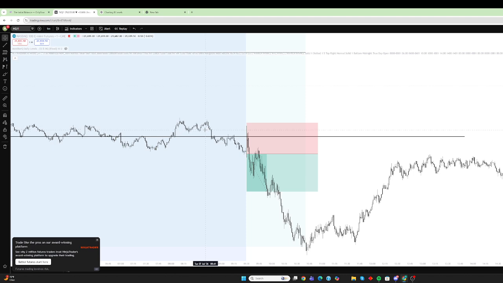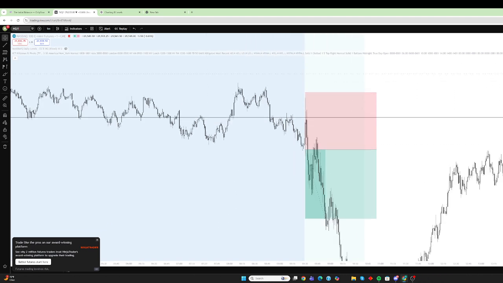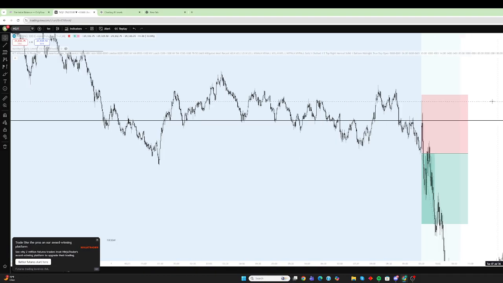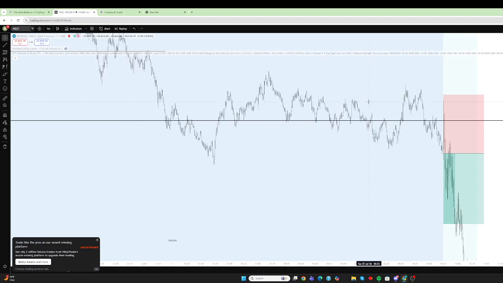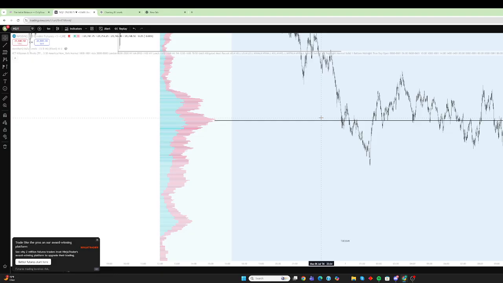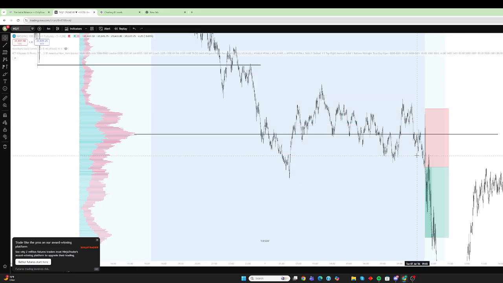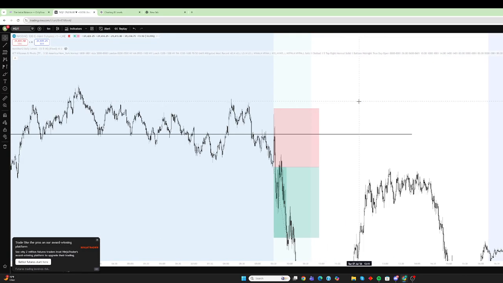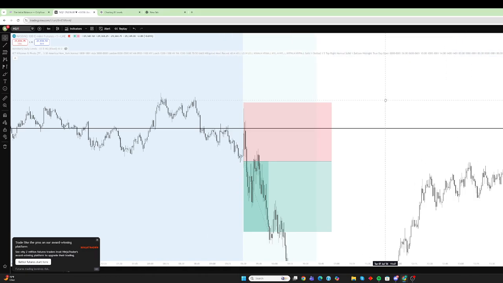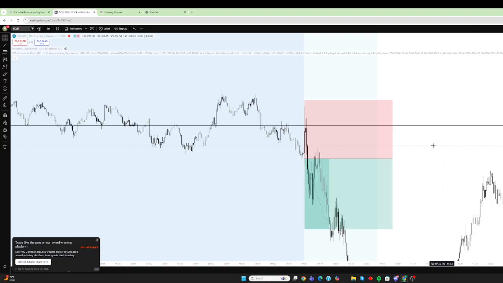And we rejected off of the midpoint of this value area. But anyways, more importantly, ignore that because that isn't too significant when you look at the overall picture. We have a very high volume node from this balanced price action. So we come up, we hit this high volume node, and price starts filling orders, etc., and we start to go lower.